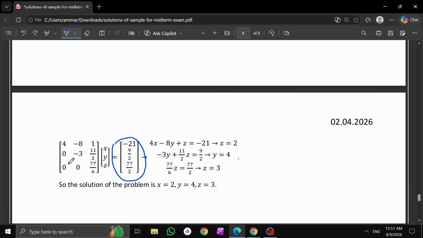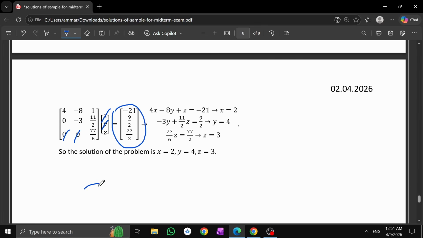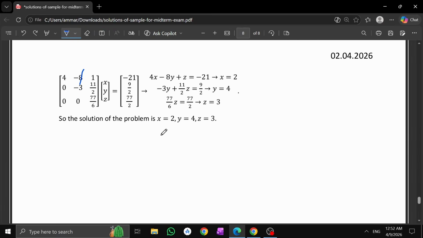You have two zeros here, 0 kills the x, 0 kills the y, so it's 0 plus 0 plus this z. This z is equal to 77 over 2, so you got z. Then you do the same going upward, because you already have z, and here the x is deleted, so you get y. Now you have y and z, you get the x, and you solve it.